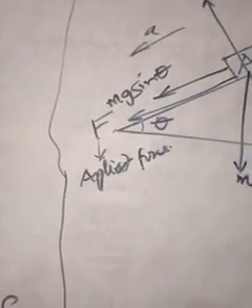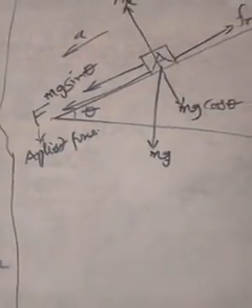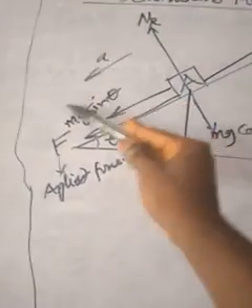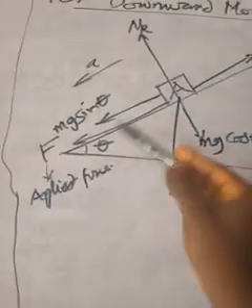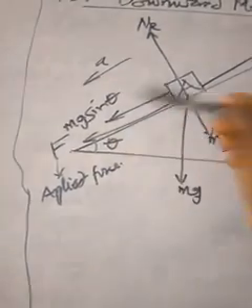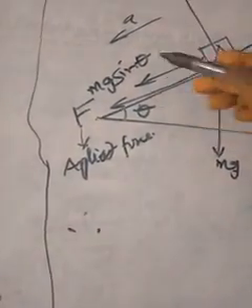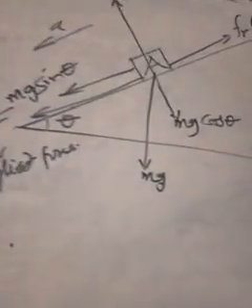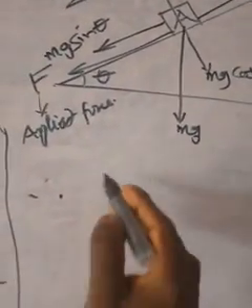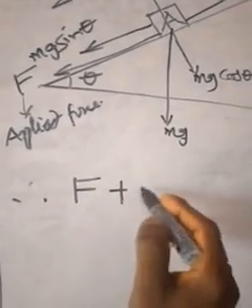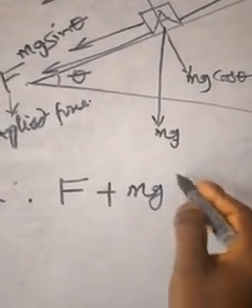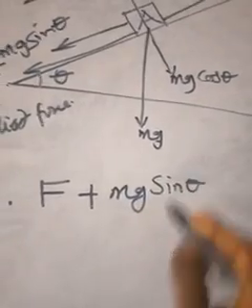So if the body is moving downward, it shows that the total force that tends to pull this body A down the plane is F and mg sine theta, which means this force acting here is greater than the frictional force. So the total force is available to overcome the frictional force.